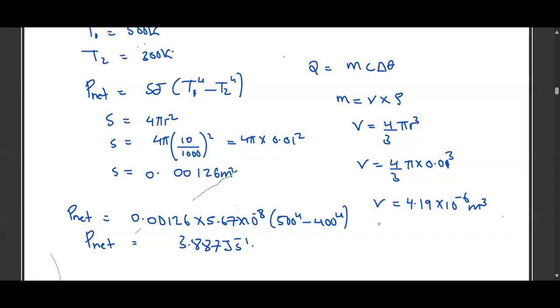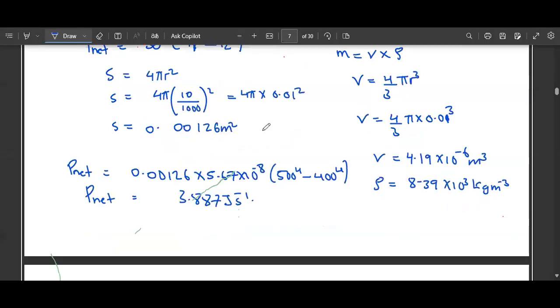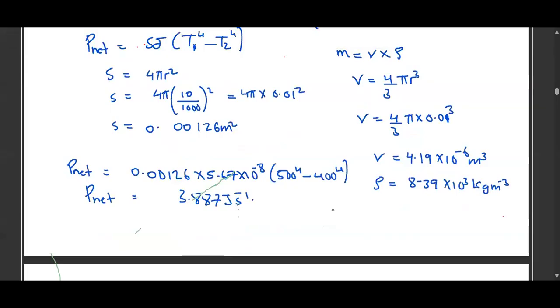So we can come and get the mass of this copper sphere. Our mass is going to equal 4.19 times 10 power negative 6 times 8.39 times 10 power 3 to give us the mass.